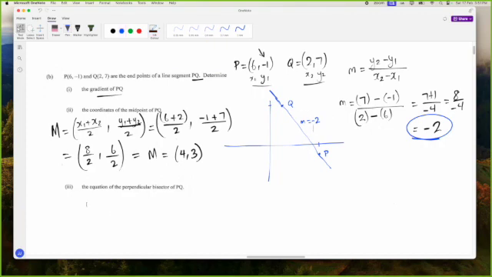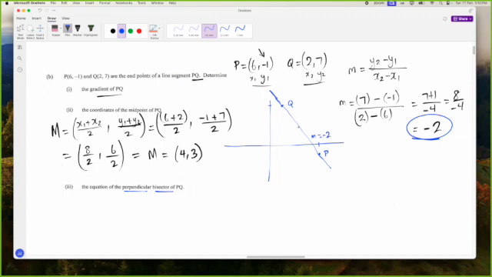What we want is the equation of the perpendicular bisector. Bisector means cut in half, right? If you remember when we did constructions in geometry. So the midpoint is what cuts this line in half. What is the midpoint? 4, 3.